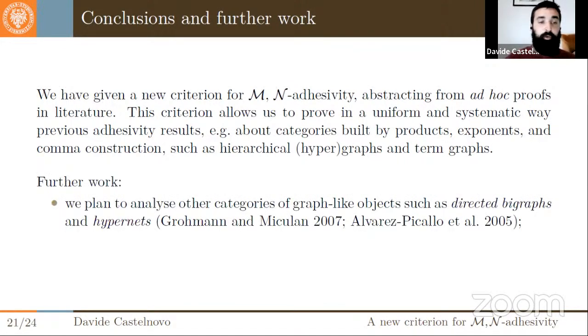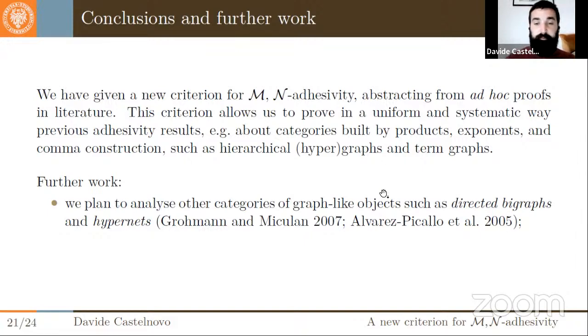We have some further work to do. We plan to analyze other categories of graph-like objects, such as directed bigraphs and hypernets. For instance, hypernets provide a semantics for monoidal closed categories. Sorry, this year is wrong, it must be 2022.